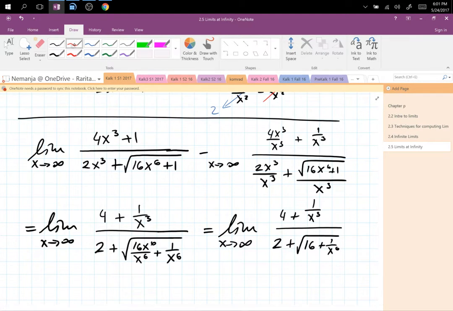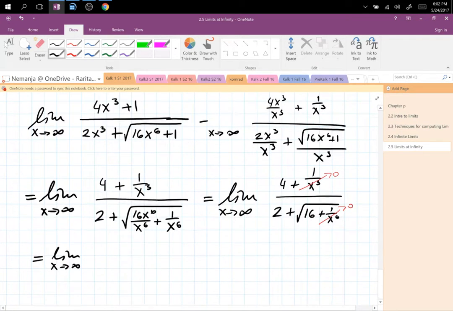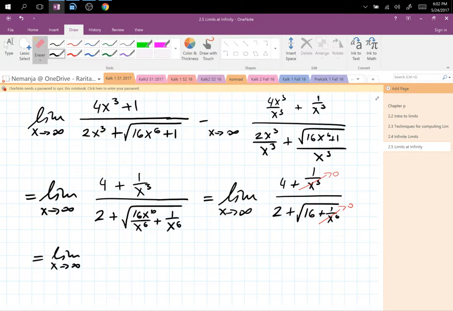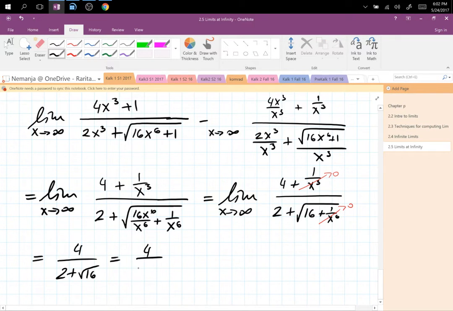So we know that these guys will go to 0. And what you have is limit x goes to infinity. Oh no, no more limit because we just did that. It's 4 over 2 plus square root of 16, which is, didn't I promise 2/3?